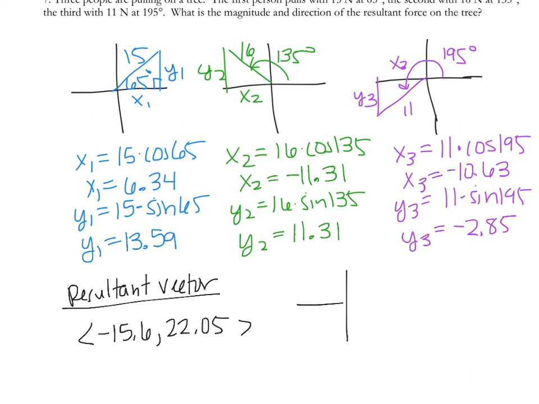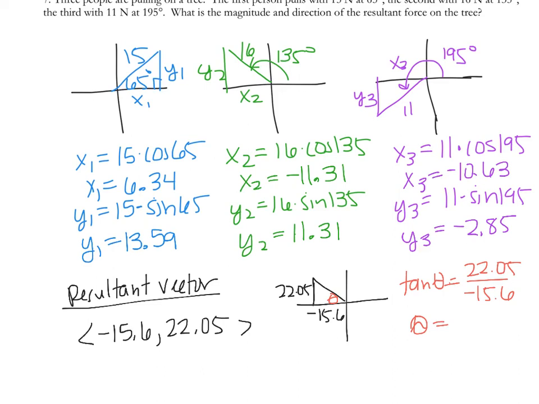And then again, we're finding the direction and the magnitude of this vector. So this one, if we were to graph it, would be over negative, up positive. It's going to be in this quadrant, over negative 15.6, up 22.05. And we're trying to find theta. So we're going to do tangent theta is equal to 22.05 over negative 15.6.